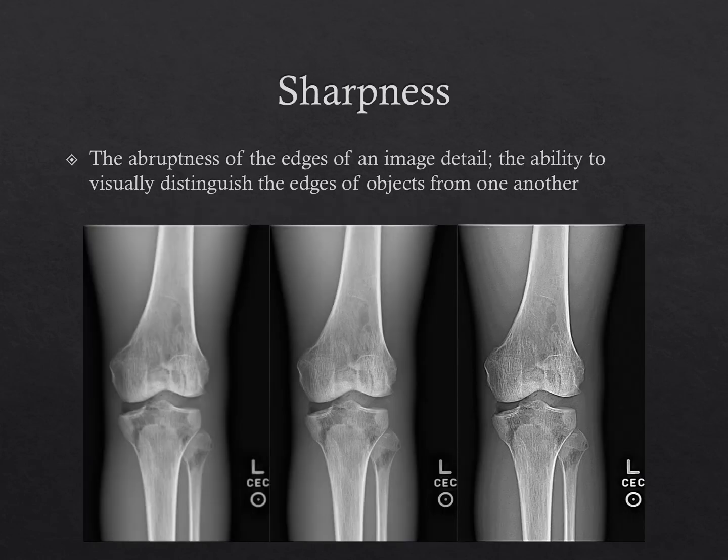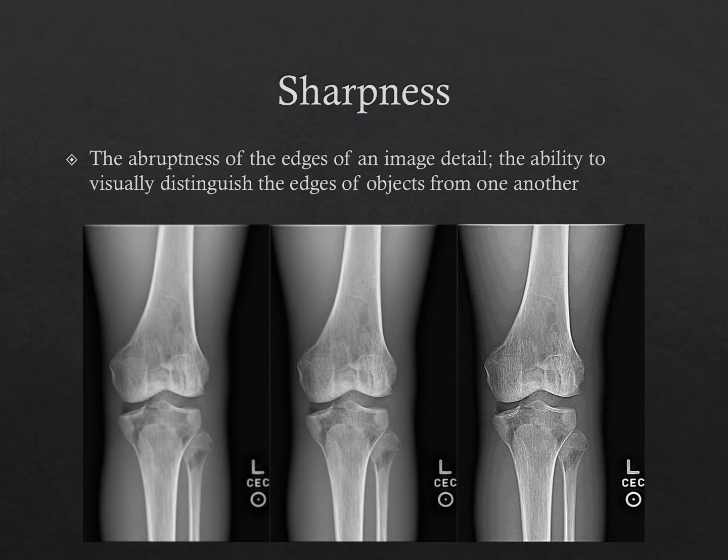All right, let's go into sharpness a little bit. So again, sharpness is the ability to visually distinguish the edges of the objects from one another. In this example, look at the center image. I have a nice trabecular pattern. I can see my patella through my femur. I can see nice articulations here between the tibia and the fibula.